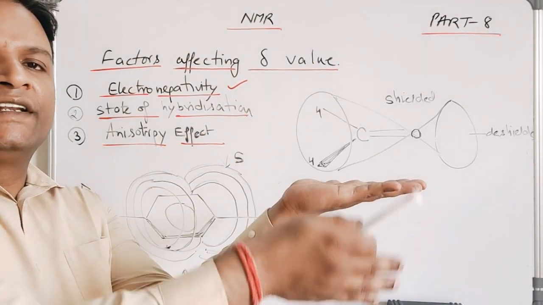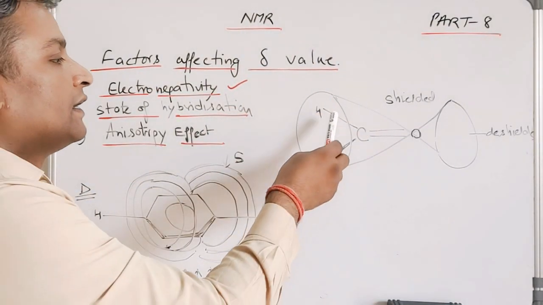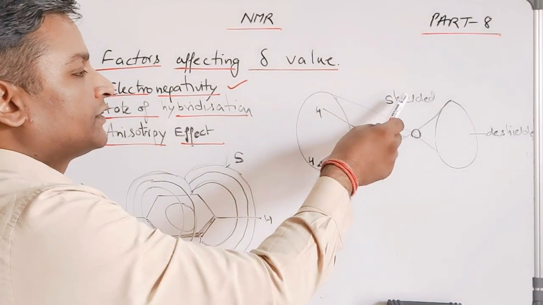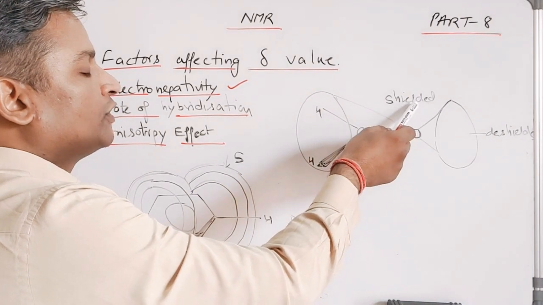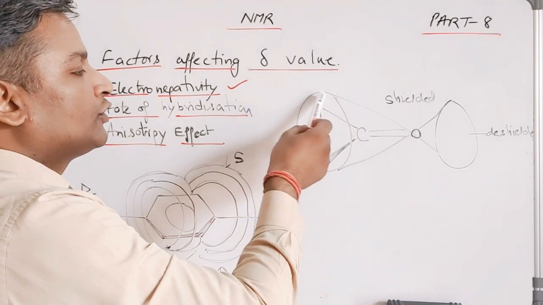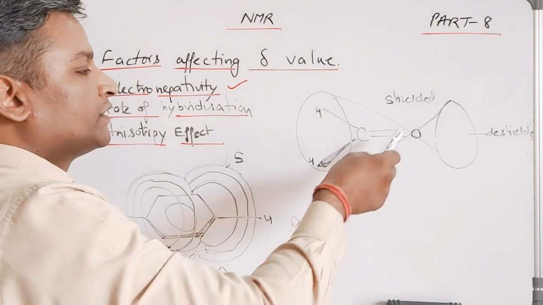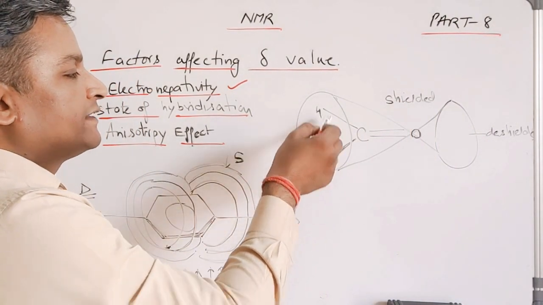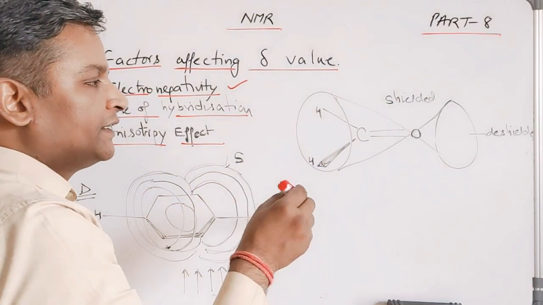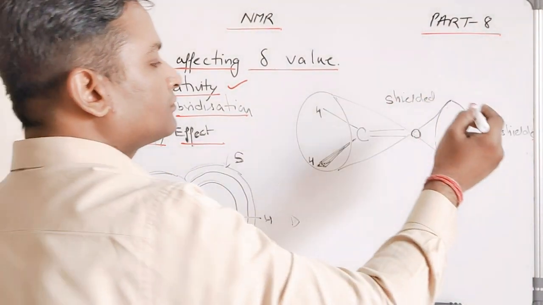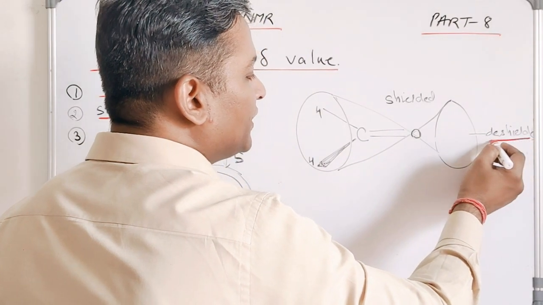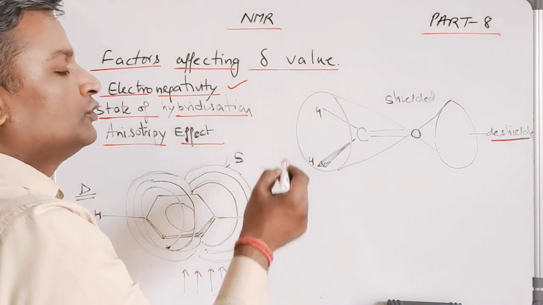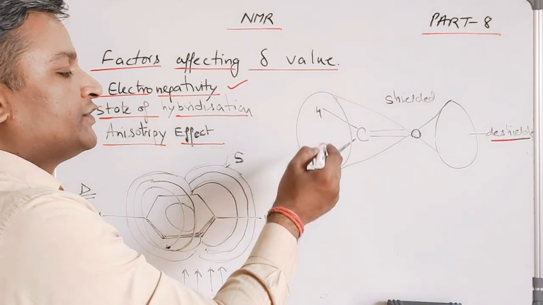The region above and below is shielded, but if we generate the cones of this molecule, then those atoms which fall inside the cones are found to be de-shielded. So in the cone region, de-shielding is observed. Protons are found in a cone region. As you can see here, these two protons are found in a cone region, so they are de-shielded.